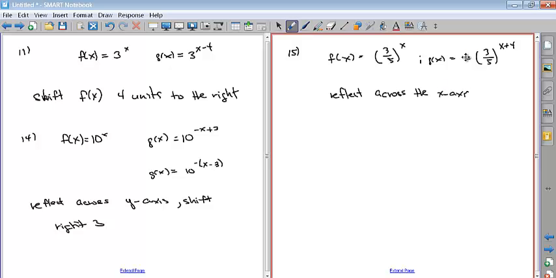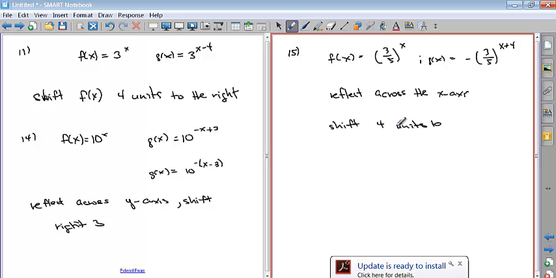And then we're going to shift it 4 units to the left, because you'd have x minus h. Well, then h would have to be -4. You'd have negative and negative. Okay, so we're going to plot those, but we'll do the reflection, and then we'll do the whole thing.